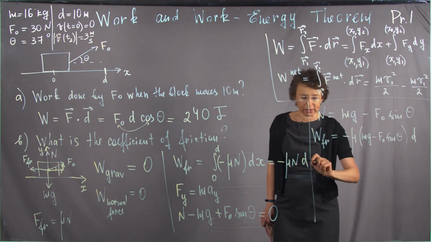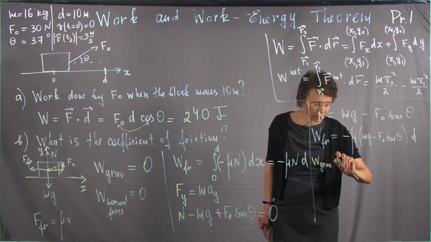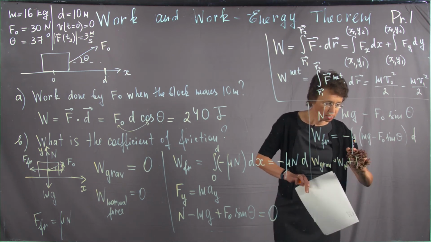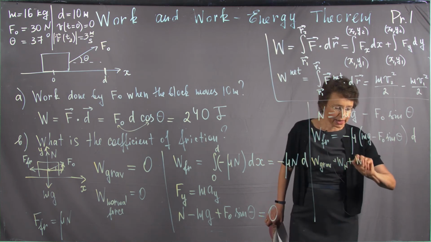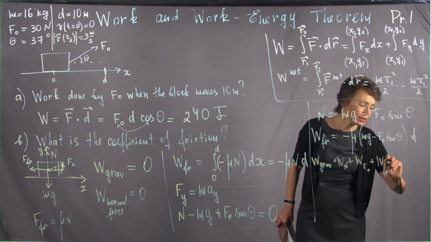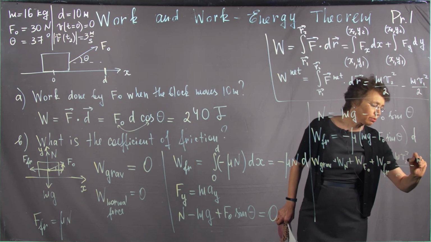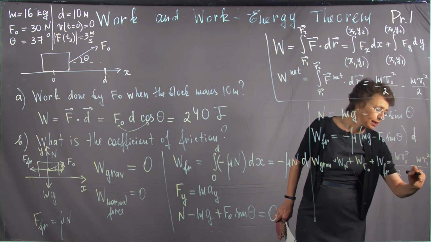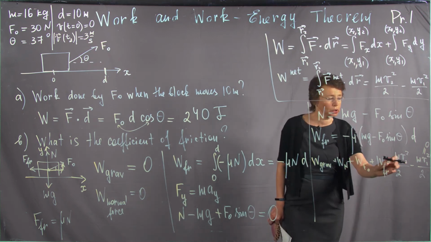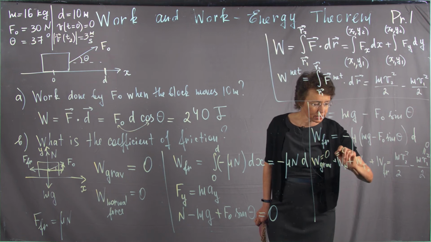Work done by gravity plus work done by the normal force plus work done by force F naught plus work done by friction. And this is equal to m v2 squared over 2 minus m v1 squared over 2. We are given that the initial velocity is 0. We know v2. So what is the left-hand side? This is 0. This is 0.